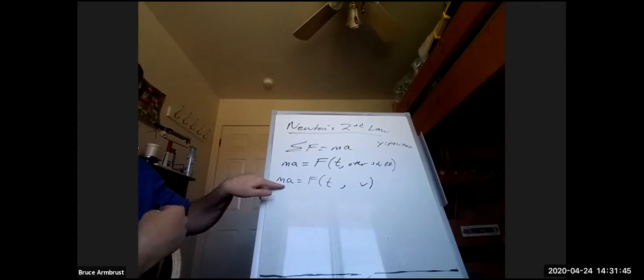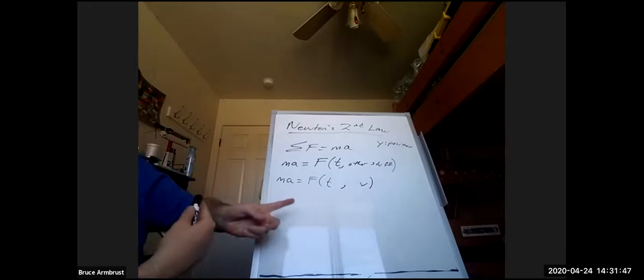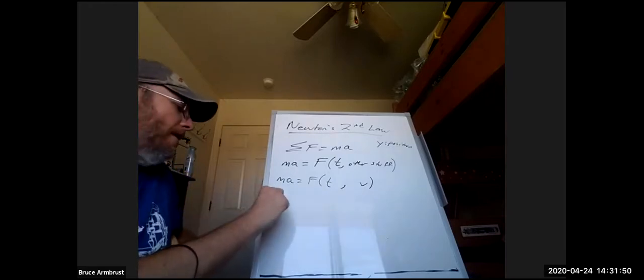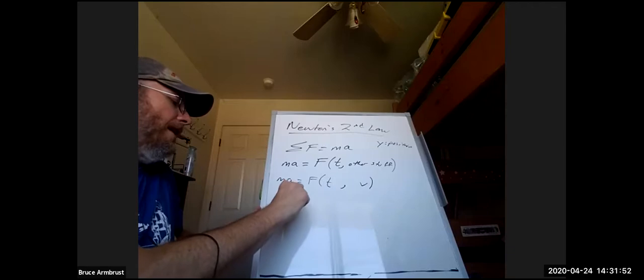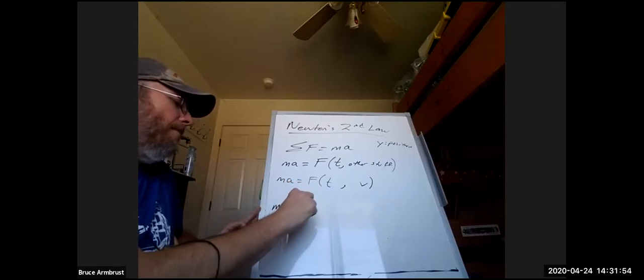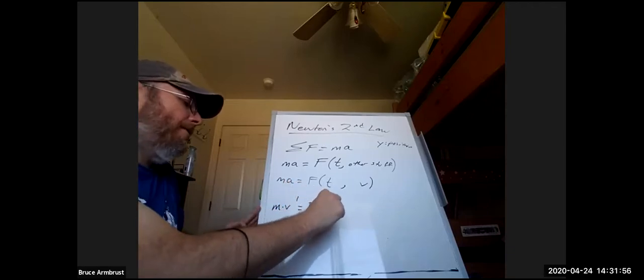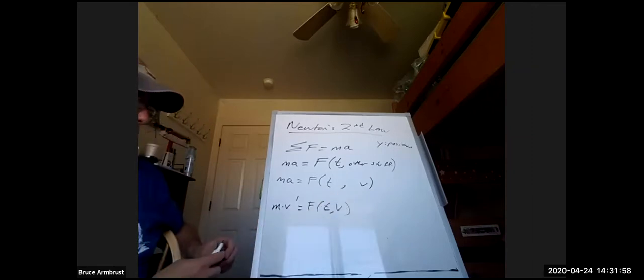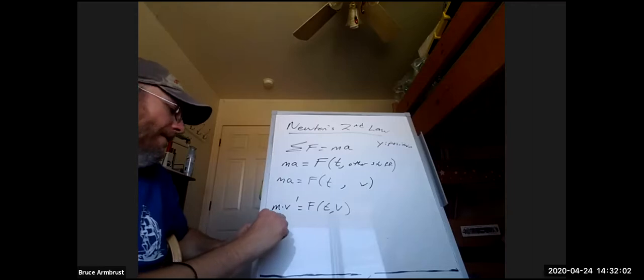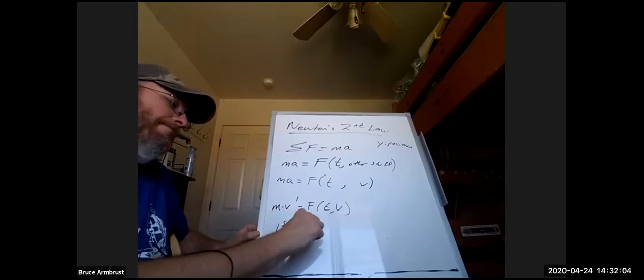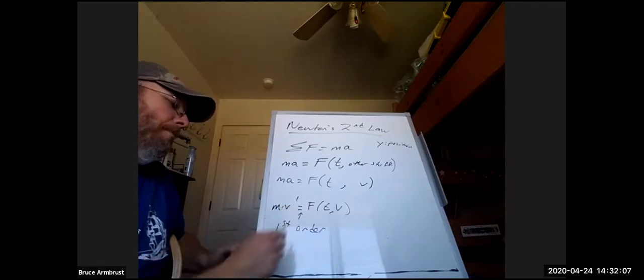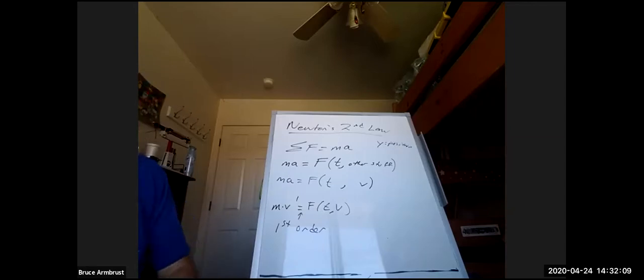Well, acceleration is still related to velocity. It's the derivative of velocity. So this now is going to look like m times v prime equals F of t and v. And this one, my friends, is first order. And that we can solve.